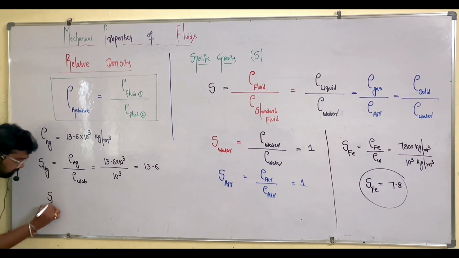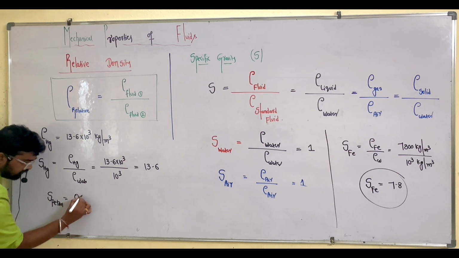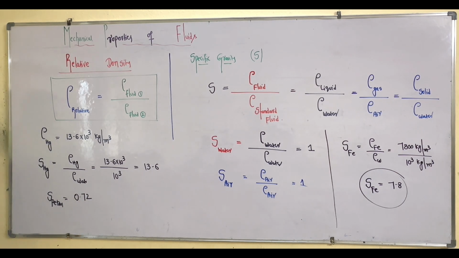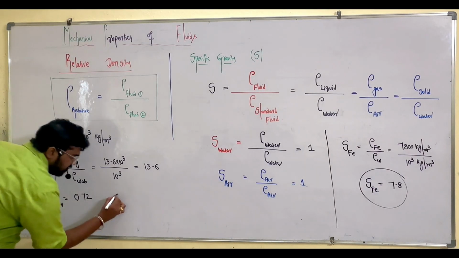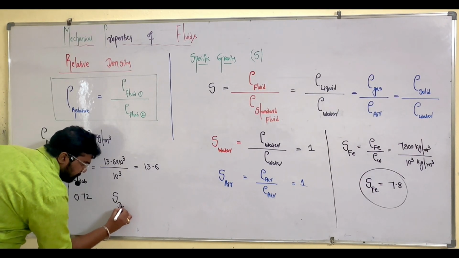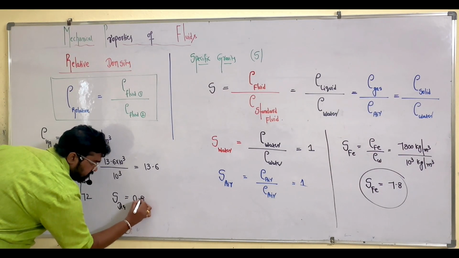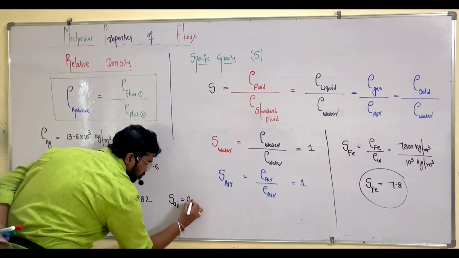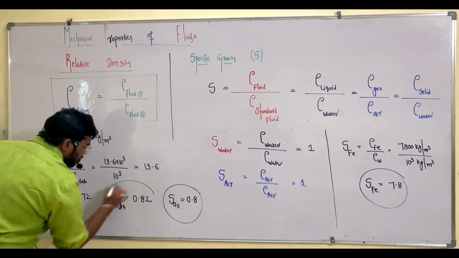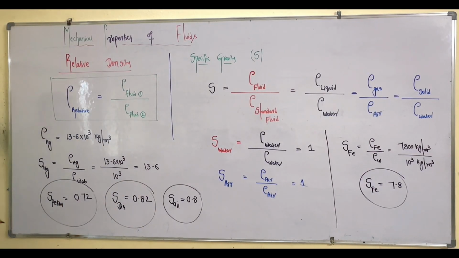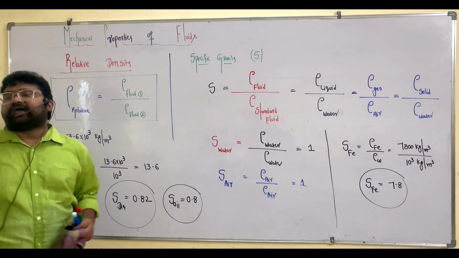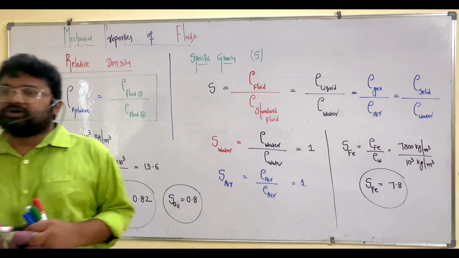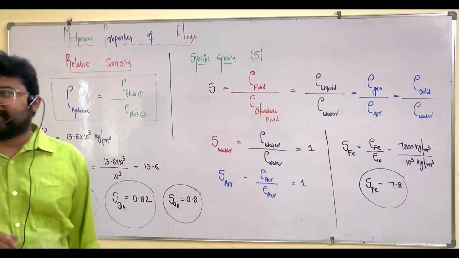Specific gravity of petroleum is 0.72, diesel is 0.82, oil is 0.8. Whenever you want density from 0.72, multiply by 1000.